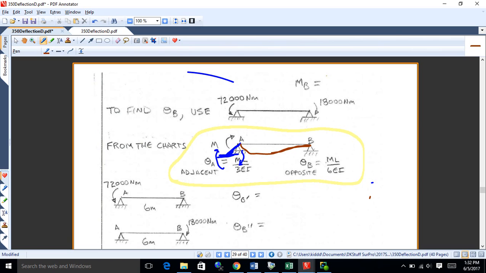So we're going to have a higher slope, the ML/3EI, next to the load, next to the couple, I should say. And the lower slope, the ML/6EI, opposite where the couple's applied, okay? And that particular one would bow down. You know, if I have a flexible ruler here, I'll apply that clockwise couple on the left.